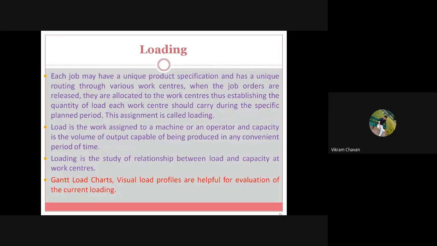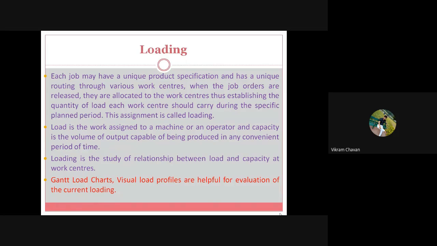Okay. Azam has filled. Then remaining. So I request everyone to start filling the GATE forms.